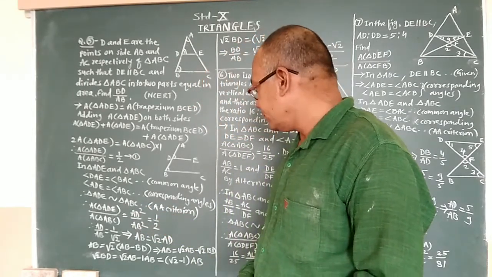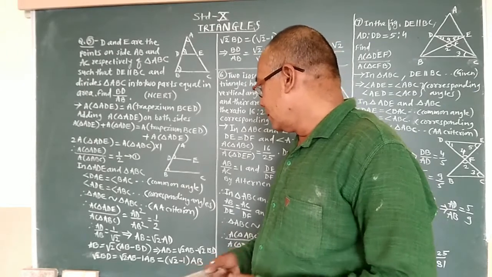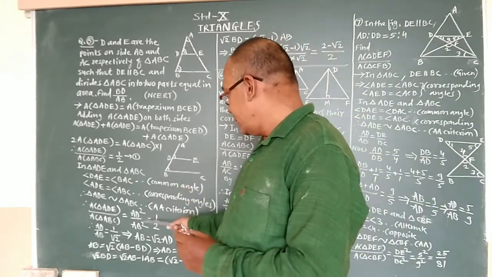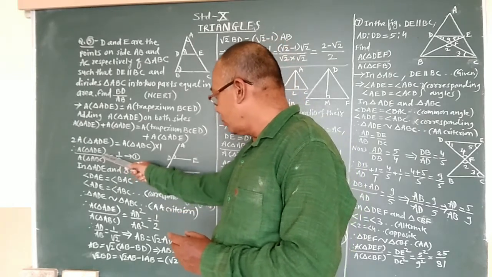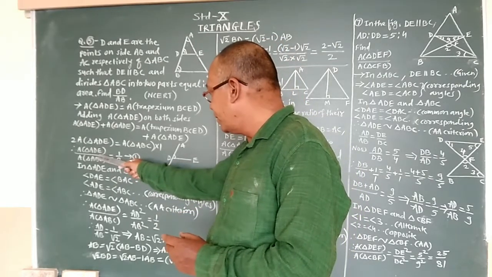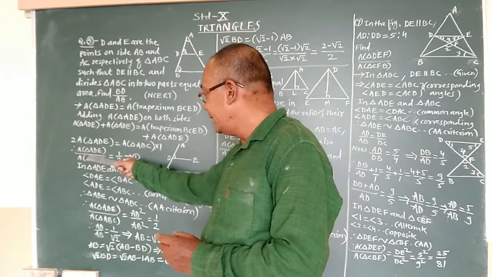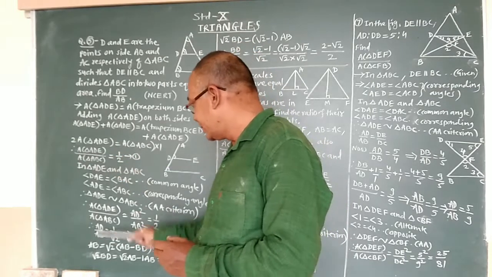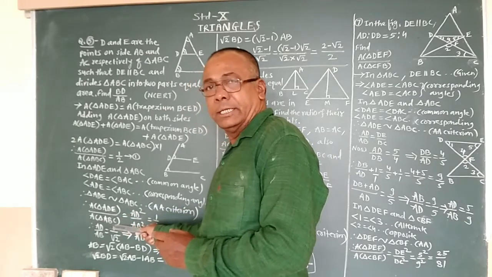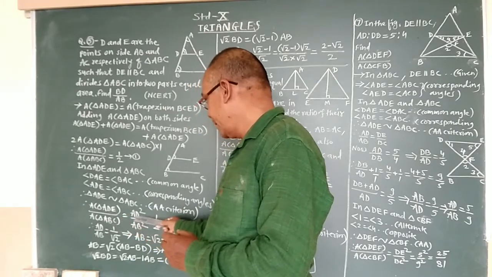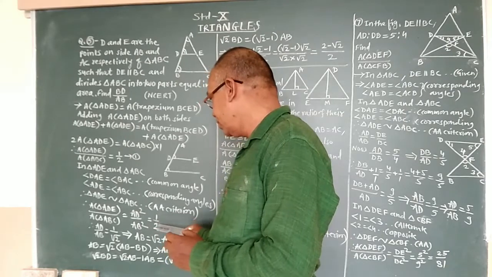But AD square upon AB square is equal to 1/2, because from equation 1 we know that area triangle ADE upon area triangle ABC has value 1/2, and therefore AD square upon AB square is also 1/2.